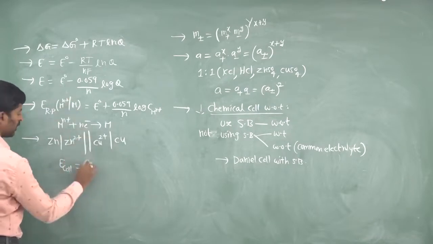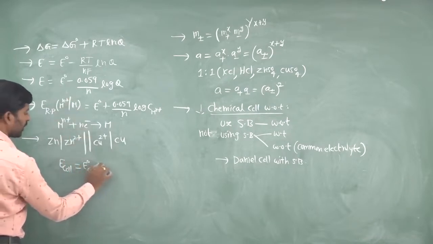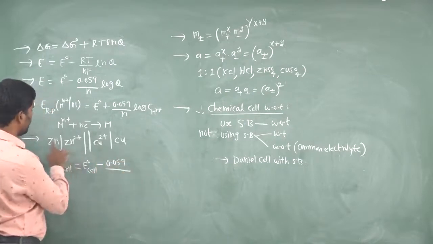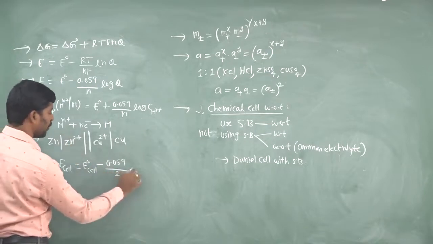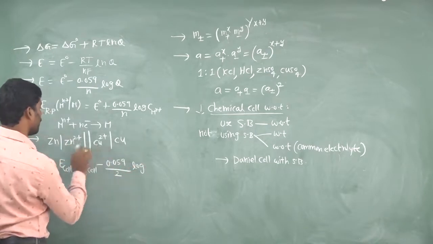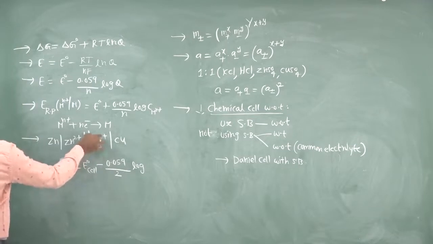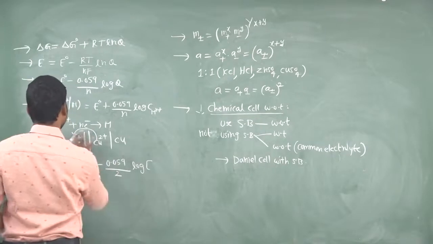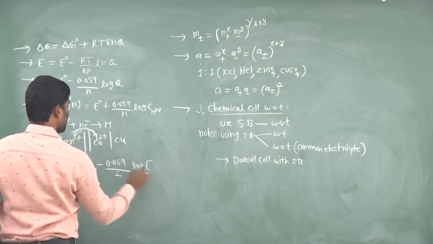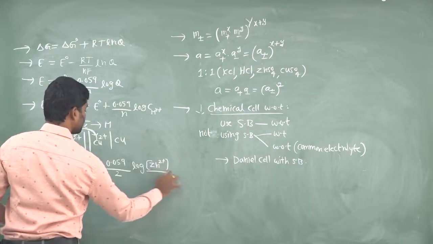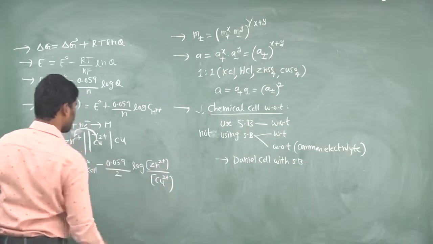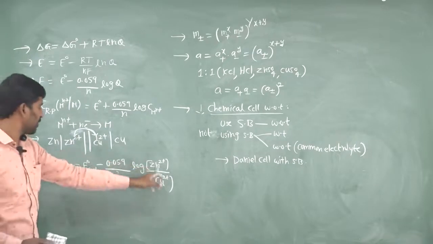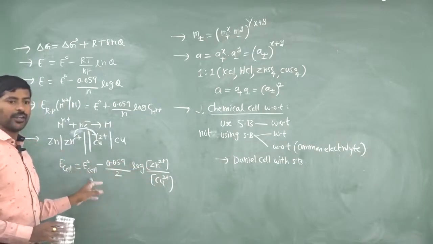E cell is equal to E0 cell minus or plus 0.059 by number of moles of electrons involved, 2, log concentration of Zn2+ by concentration of Cu2+. Like this we have to simplify. If the concentrations are the same, E cell is nothing but E0 cell.